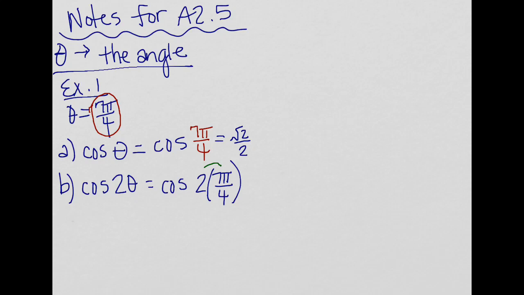What is 2 times 7 pi over 4? Well, that becomes the cosine of 14 pi over 4, which you did some practice reducing. I'm going to reduce that right there, 14 over 4. So I'm going to come down here because of space. And so I end up with the cosine of 7 pi over 2.